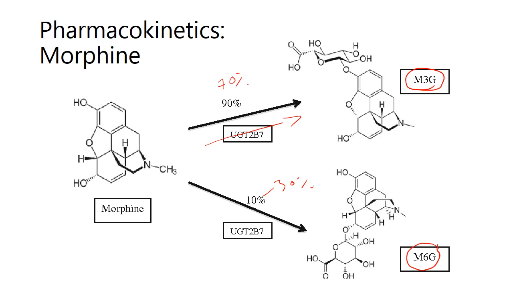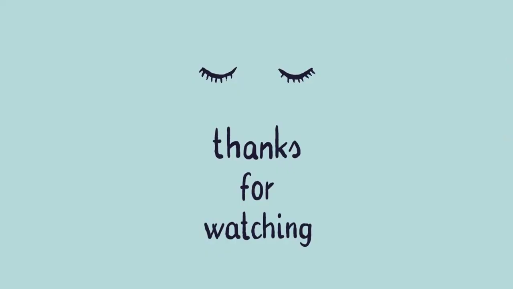Both of these metabolites are excreted by the kidneys, but there's the potential there for them to accumulate in patients with renal failure. That brings us to the end of this two-part series on pharmacology and relating that to analgesics.